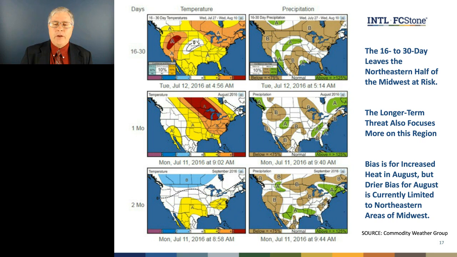If this area of below normal precipitation shrinks between now and what verifies, then we could see better moisture, yes, warm temperatures, but pretty decent yields, and we could see this premium in the market evaporate pretty quickly. If, on the other hand, it expands further to the south and the west, then we could have a much more significant problem on our hands, particularly for the soybean market.